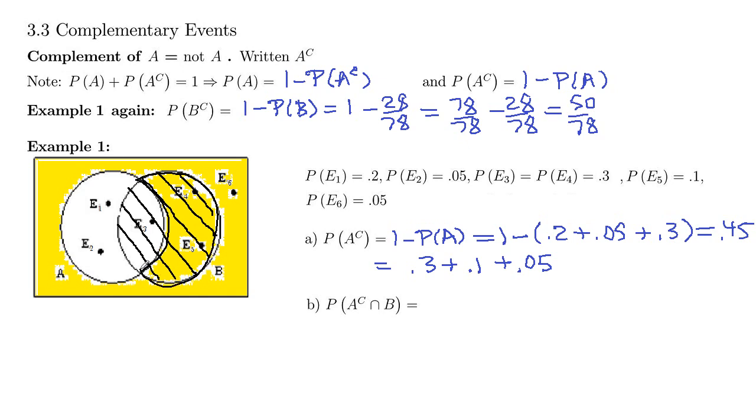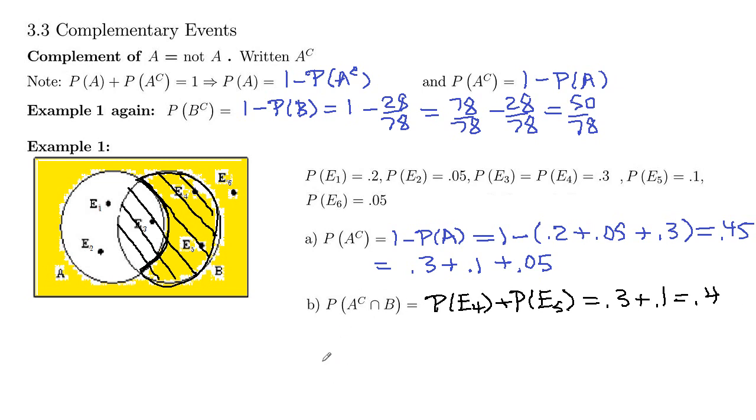And that has 2 outcomes in it, E4 and E5. So this is going to be probability of E4 plus probability of E5. So 0.3 and 0.1, or 0.4.